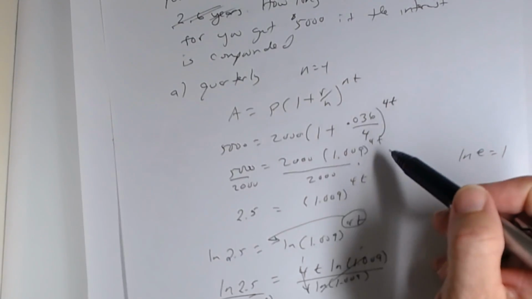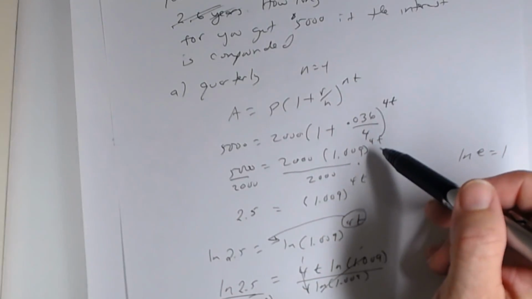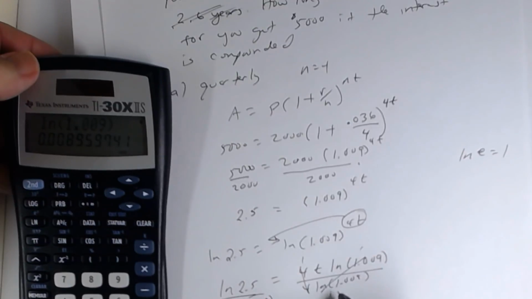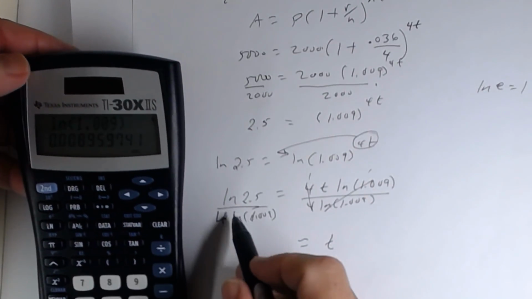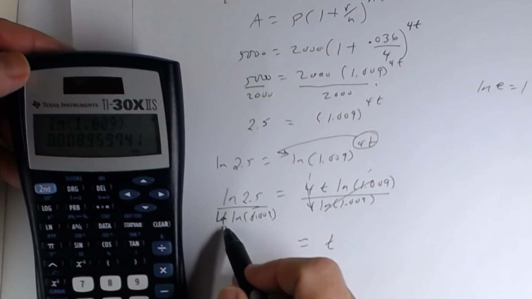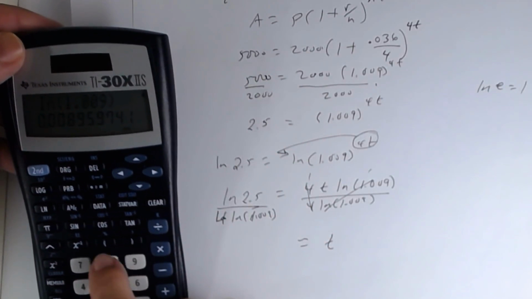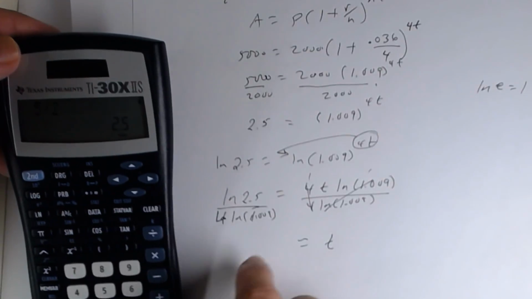Is my calculation correct? Well, maybe not. You did 0.036, shouldn't it be 0.36? No, you have to do it twice to change your percent to a decimal.